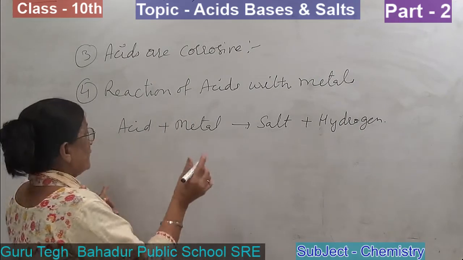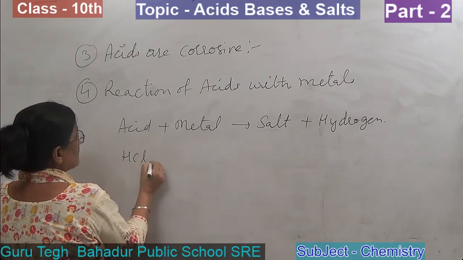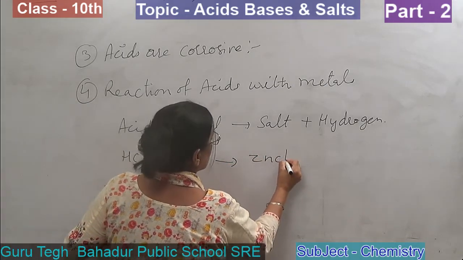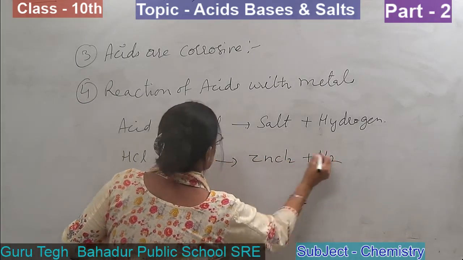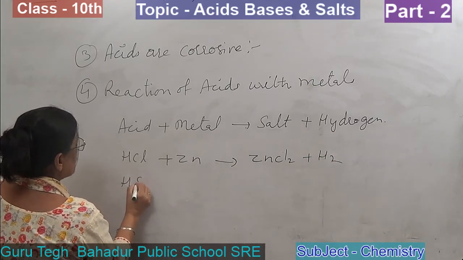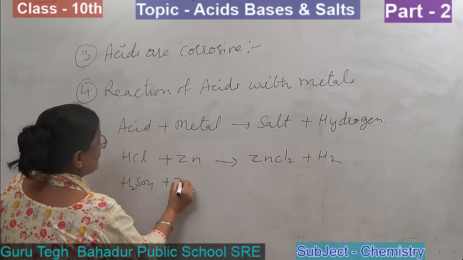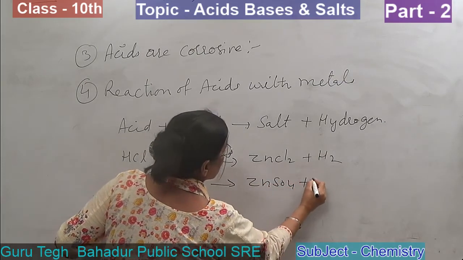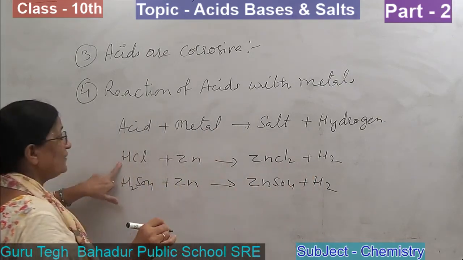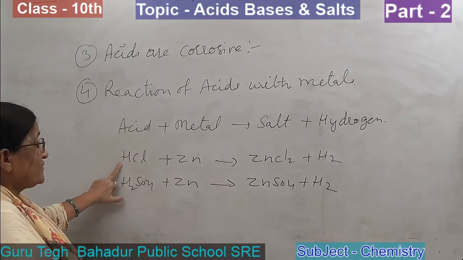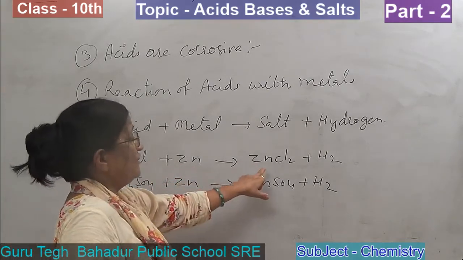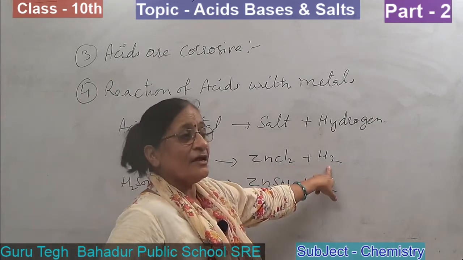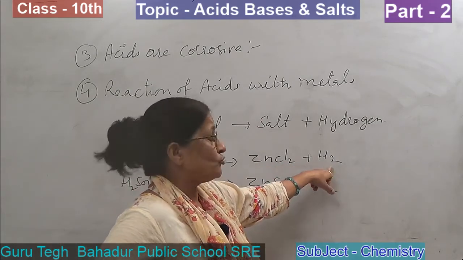For example, the reaction HCl plus Zn gives ZnCl2 plus H2. Besides that, H2SO4 plus Zn gives ZnSO4 plus H2. Means when hydrochloric acid reacts with zinc, zinc chloride is formed, and H2 is also given out.